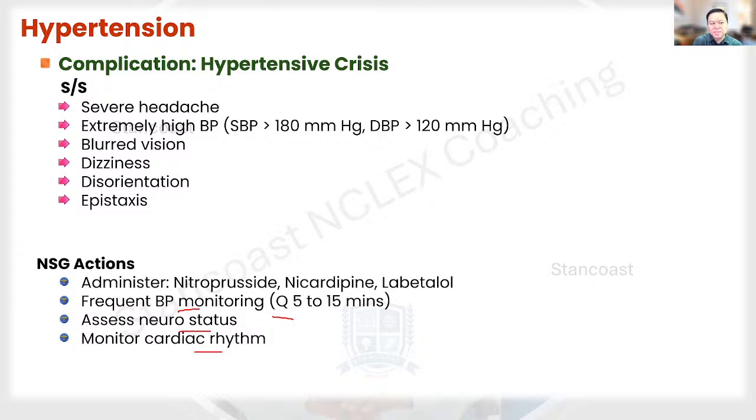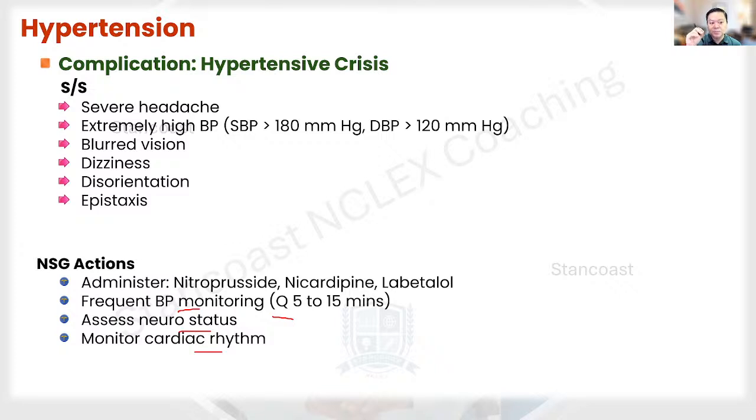But if this is going to really require more of a one-to-one care for your entire shift, then that is not good. As I've said earlier, if your patient turned out to have a hypertensive crisis, and in a span of 2-3 hours there is no improvement, it's time to ship this patient out of the med-surg. Talk to the doctor that it's no longer safe for you to take care of this patient in the med-surg setting.